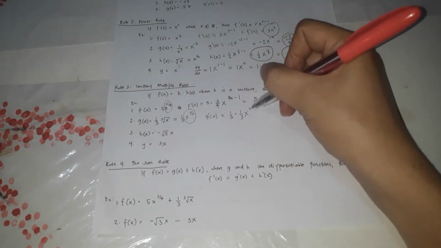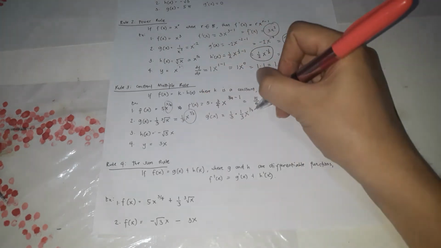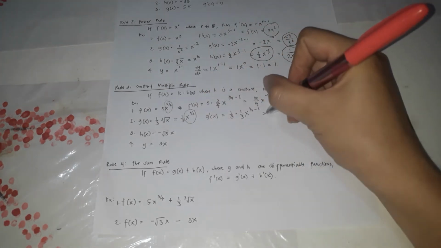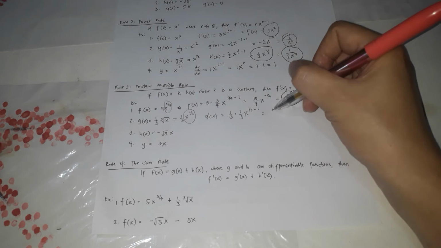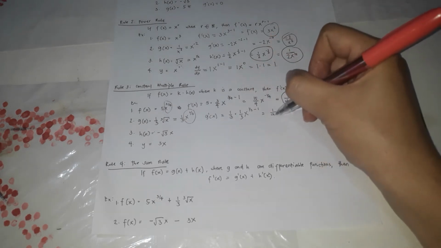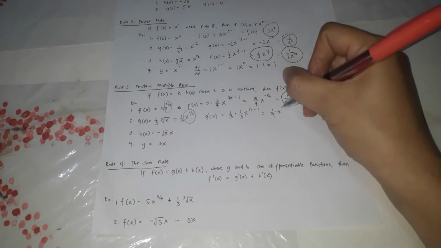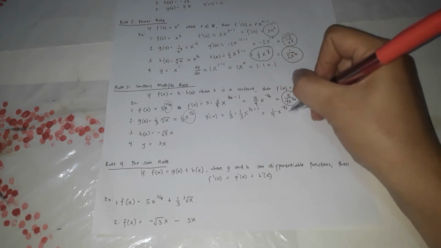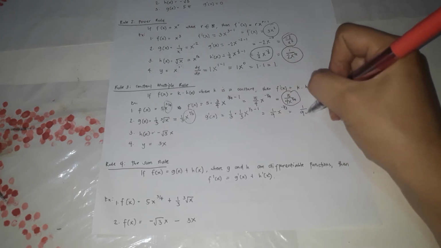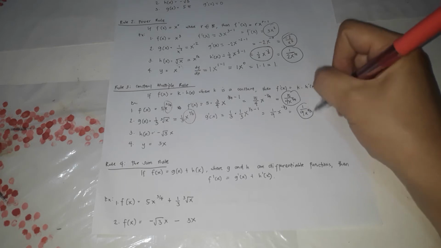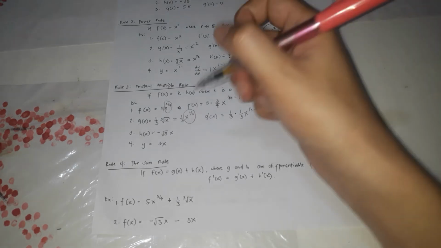Kopyahin mo si x, 1/3 na exponent, bawasan mo ng 1. So, it is equal to 1 times 1, 1, 3 times 3, 9, x to the power of 1/3 minus 1, it's negative 2/3. So, kung gawin mong positive, 9x to the 2/3. This is the answer.